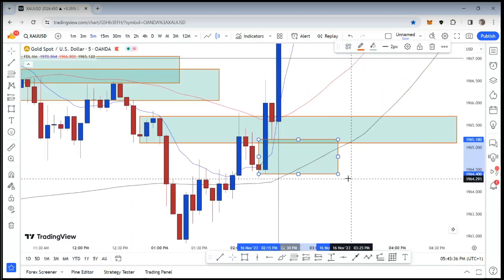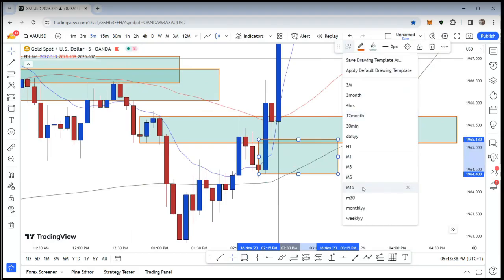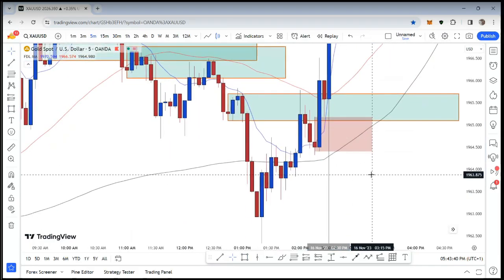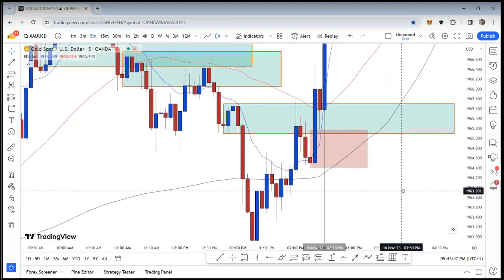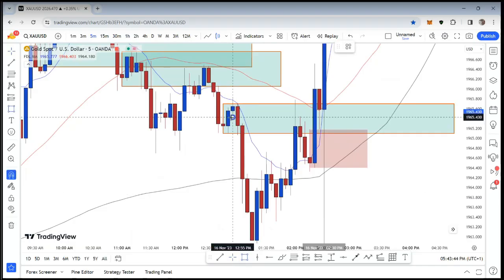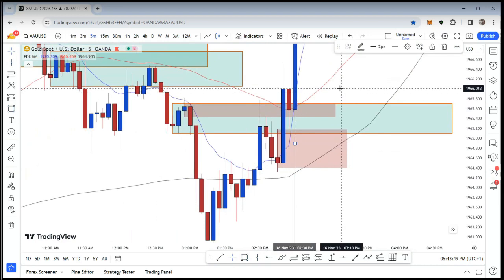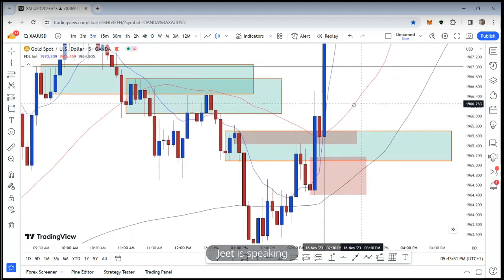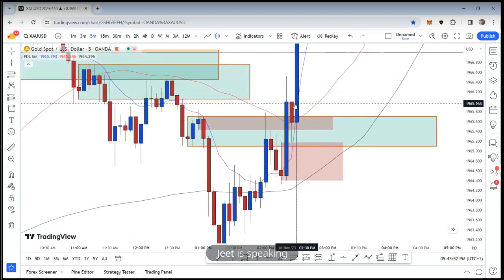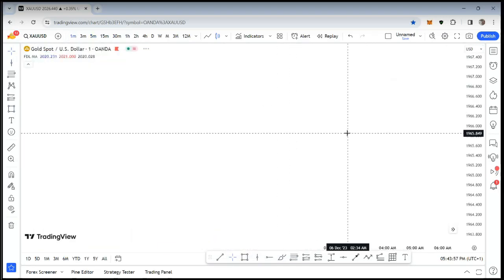Now look at the current market price on 5 minutes. What do you see about the structures? You can see that 15-minute structure is bullish, and this is a retest. Can you see that, guys? Yes. So according to the law of retest, if I have a 1 minute change of storyline, what do you think I'll be doing?